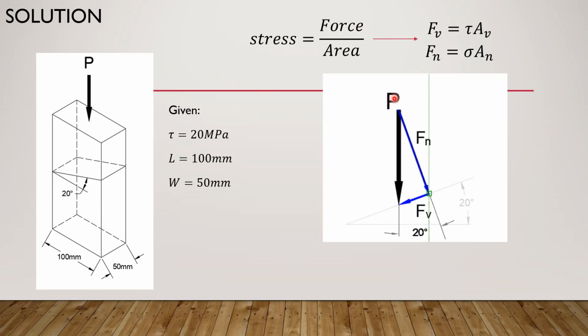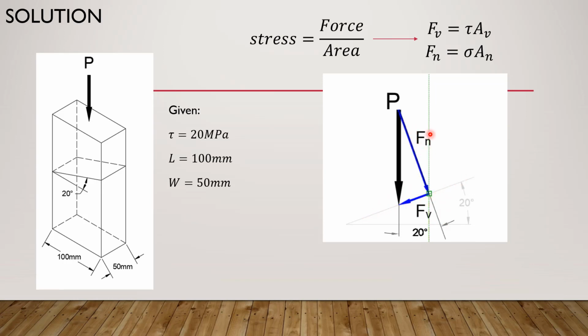Since our force P is not perpendicular to the plane, it causes a normal force Fn and a shear force Fv. The normal force Fn tends to compress or crush the block, while the force Fv tends to cause a shear on the grains of the block.